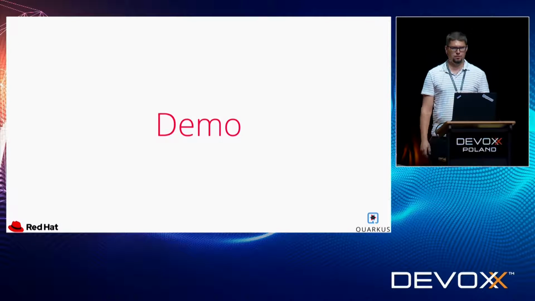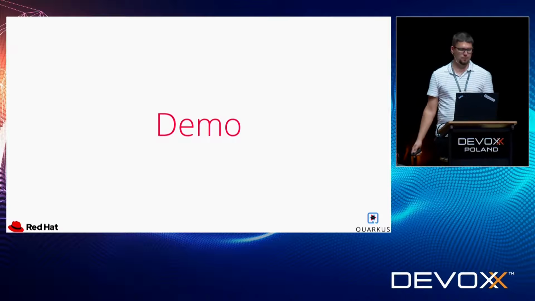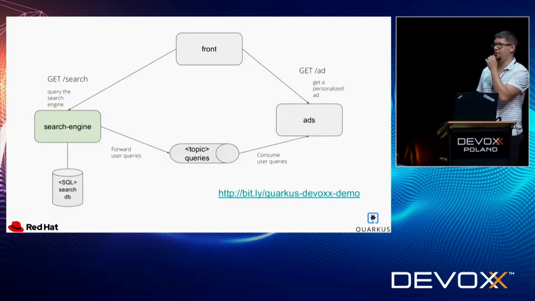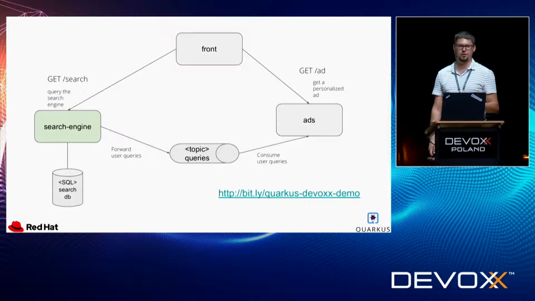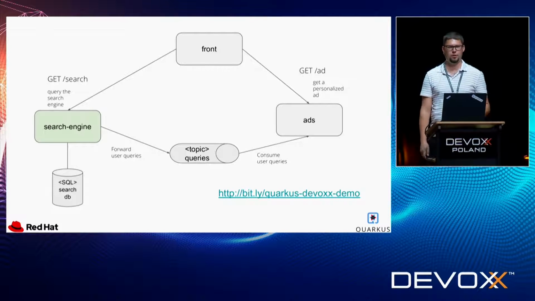Now I'd like to show you some demo. For the demo, I chose a system that consists of 3 services, and I'd like to live code one of them with you.